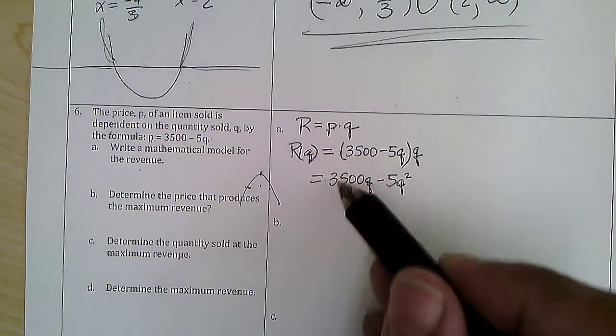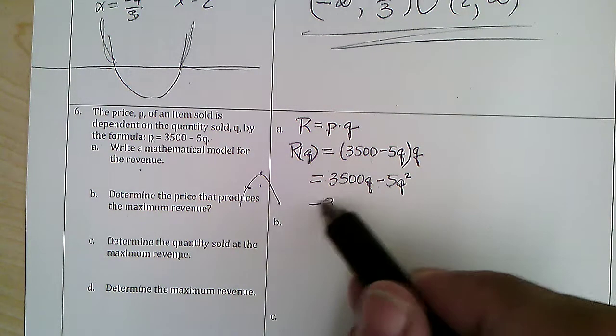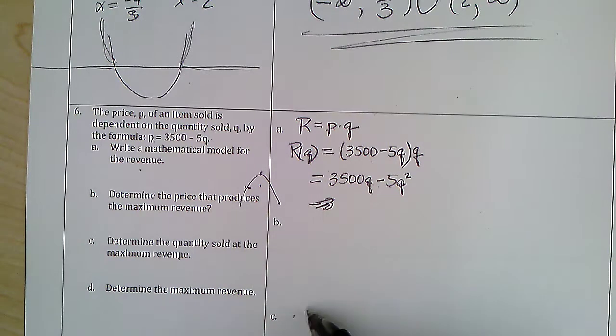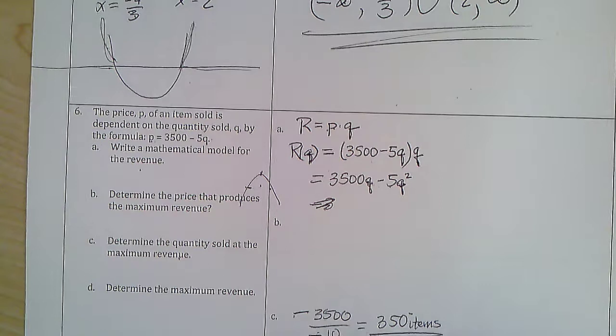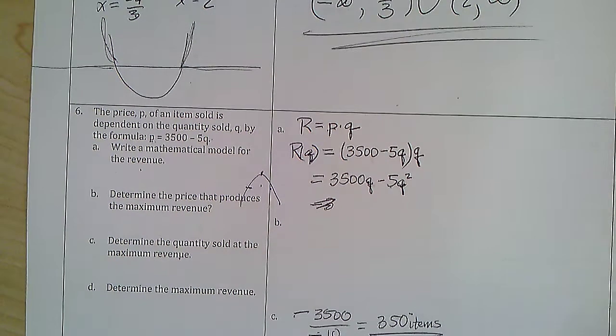So if we go minus B, finding maximum quantity, so minus B was minus 3,500 divided by 2 times A, that is 350, and it's Q, so it's items. It's the number of items for the maximum quantity.